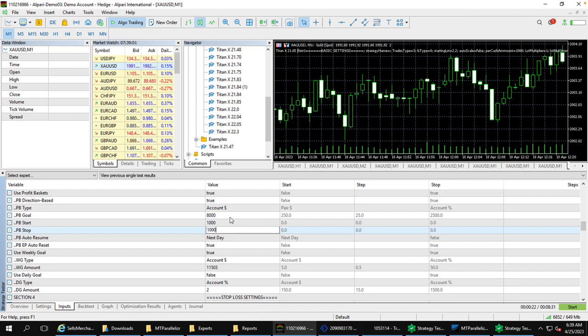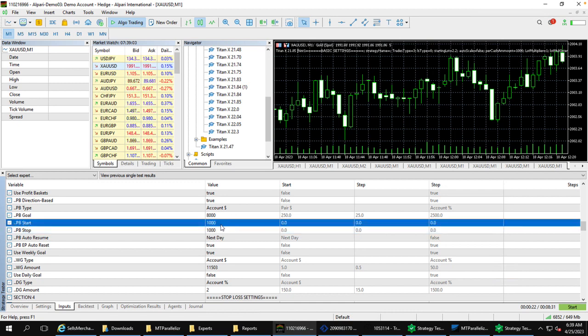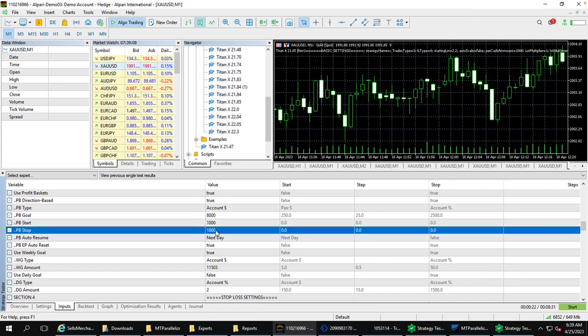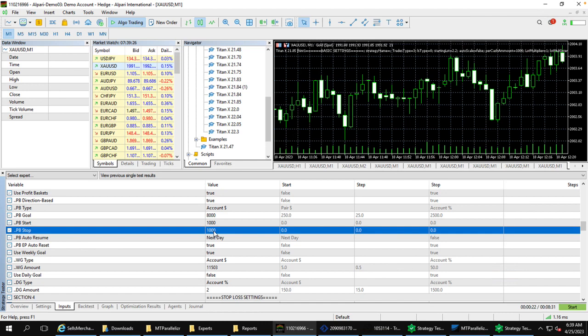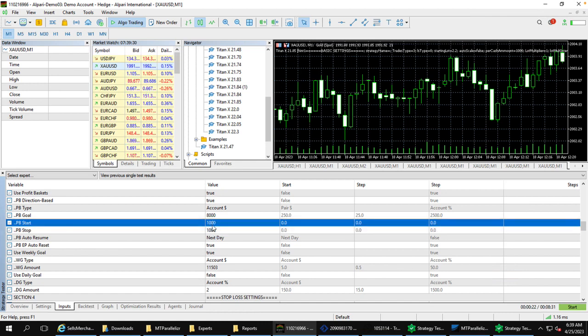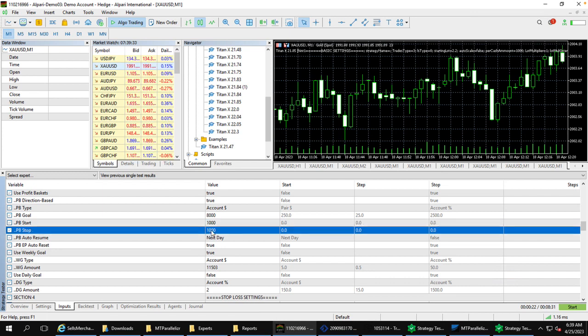What this means is when my net profit reaches $1,000, it's going to trail by $1,000. So once I get to $1,100 profit, I'll essentially have $100 of profit locked in. The start is what triggers it, and the stop is how much it's trailing by.